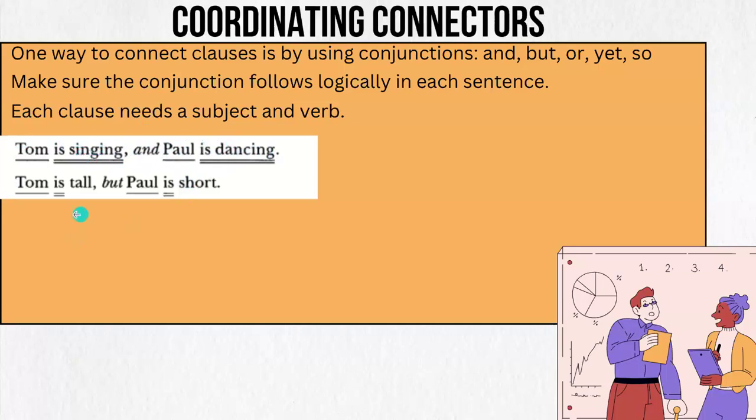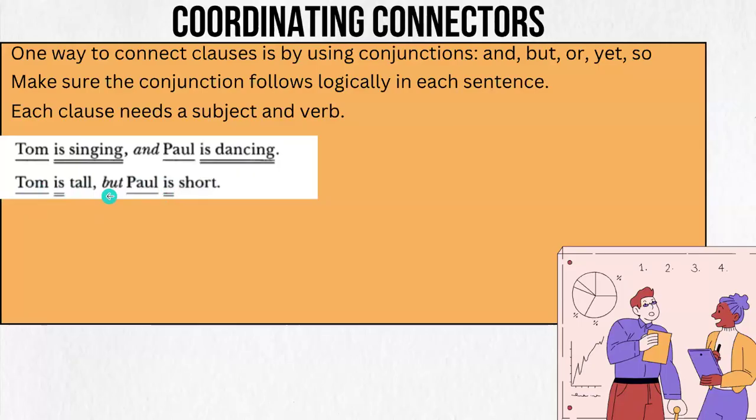Let's see number 2. Again, I have a sentence with two clauses. Tom is tall, subject and verb. Paul is short, subject and verb. And these are joined with the conjunction but.